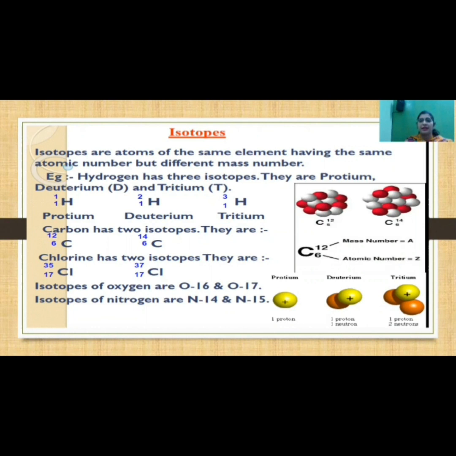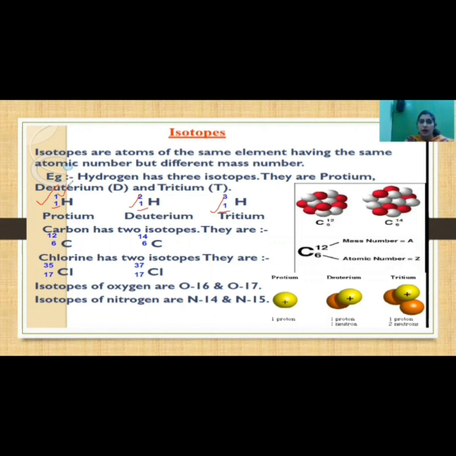For example, if we take the case of hydrogen, hydrogen has 3 isotopes. The first isotope is known as protium, the second is deuterium, and the third one is tritium. If you see, all 3 isotopes have the same atomic number, 1, 1, and 1. But their atomic masses are different.